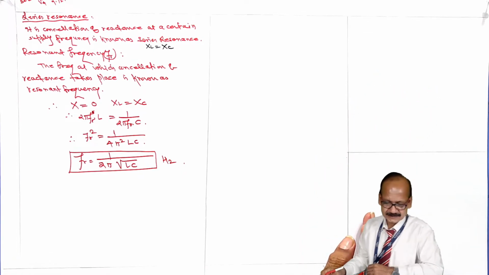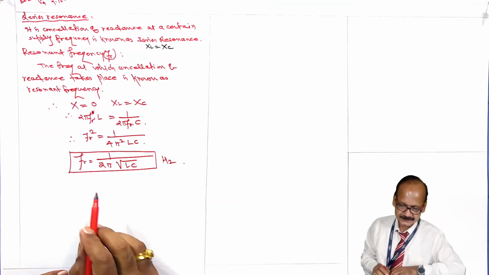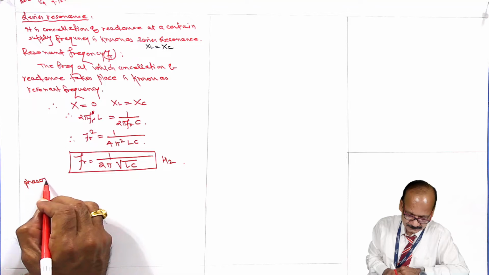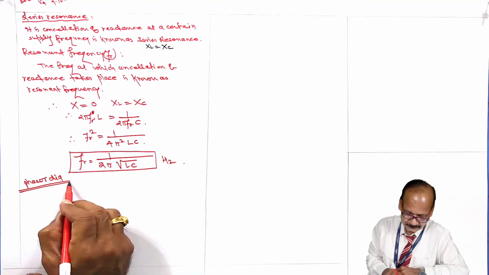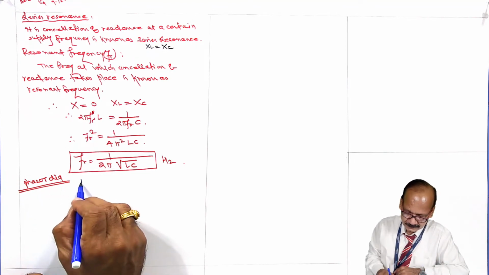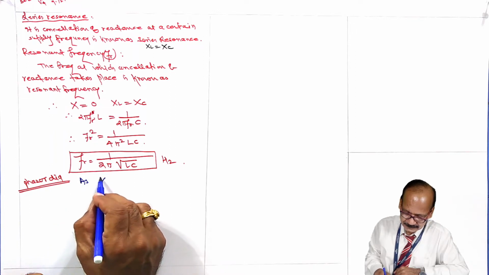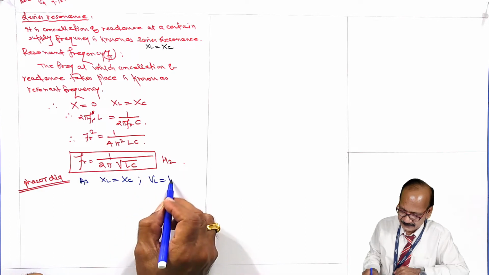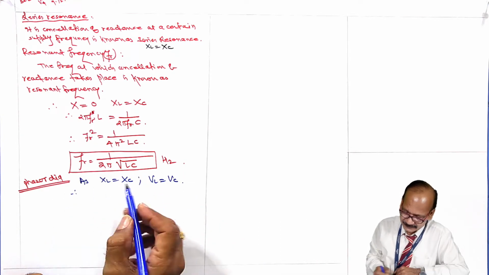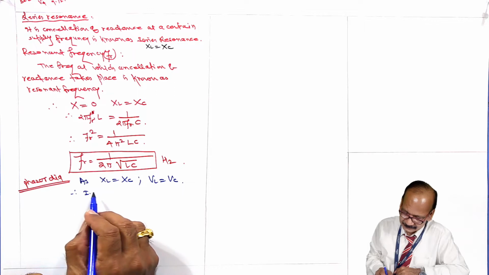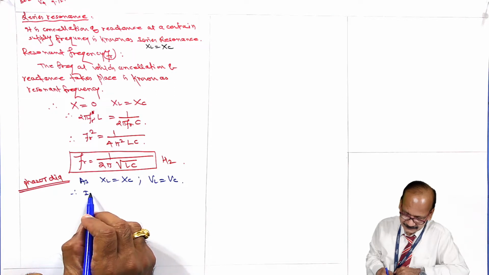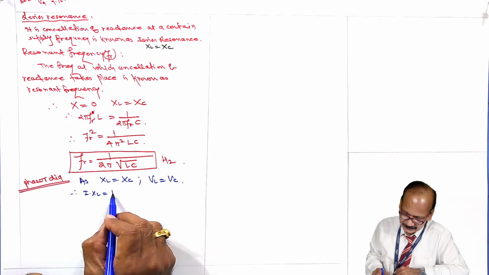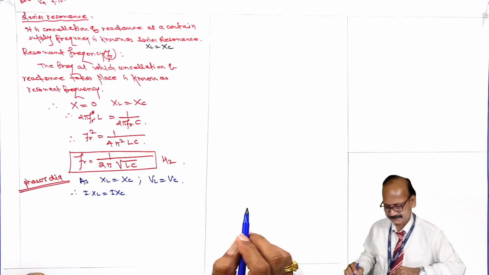Now what happens due to this resonance? See, as phasor diagram, as XL equal to XC, VL equal to VC, that is I into XL equal to I into XC.